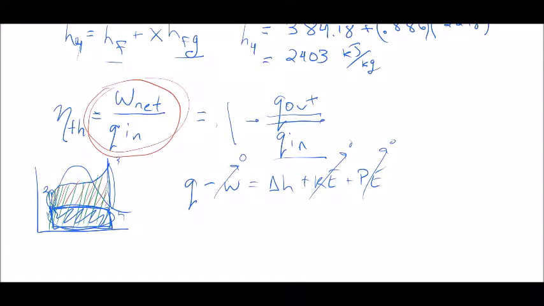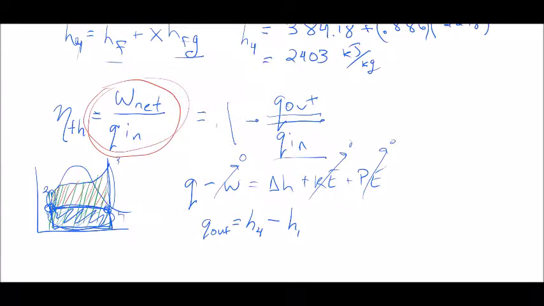Now we know that when heat is expelled from a system, it's negative heat. So Q out is going to be negative delta H, so we could say it's H4 minus H1, the enthalpy at point 4 minus the enthalpy at point 1.